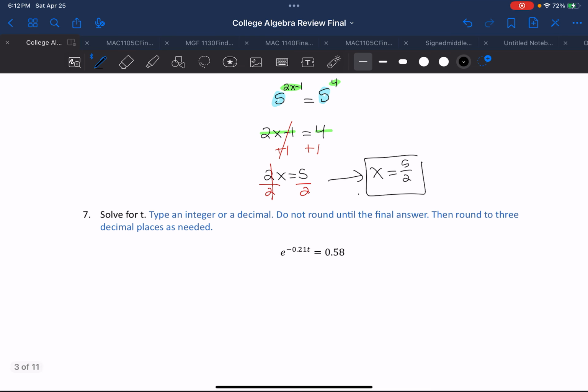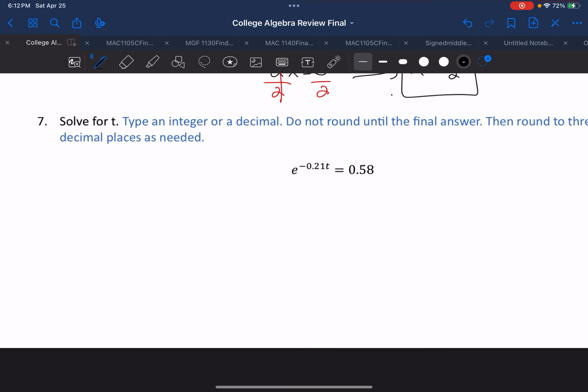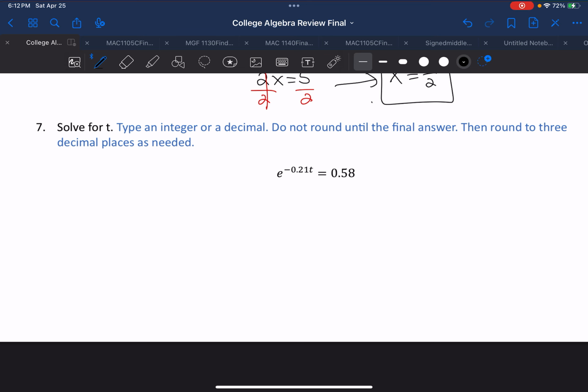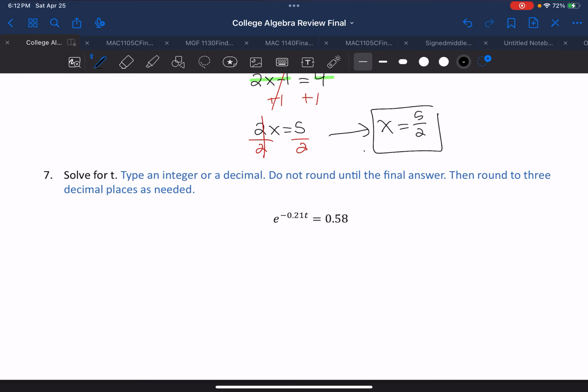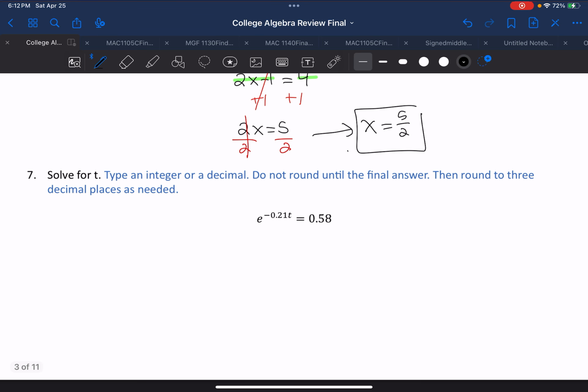All right, number 7, we're going to solve this exponential equation using the properties of logs. And because this has a base e, I'm just going to go ahead and use the ln.